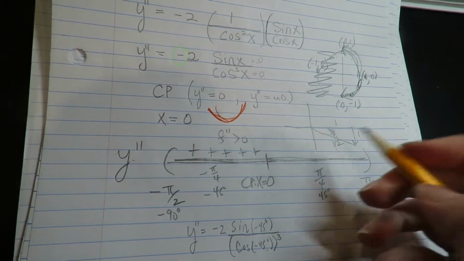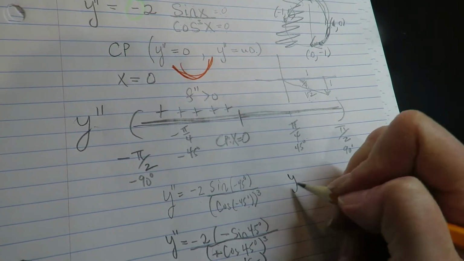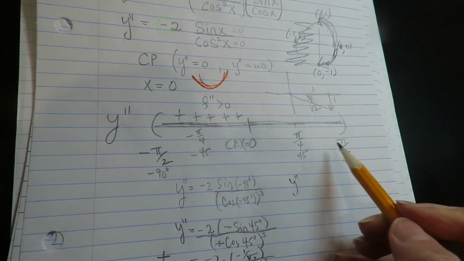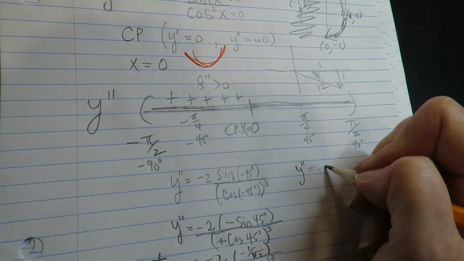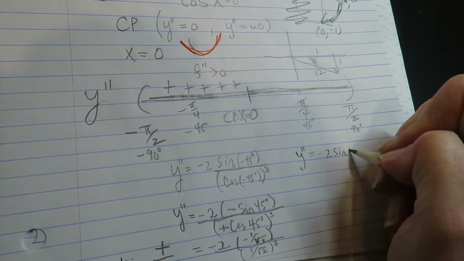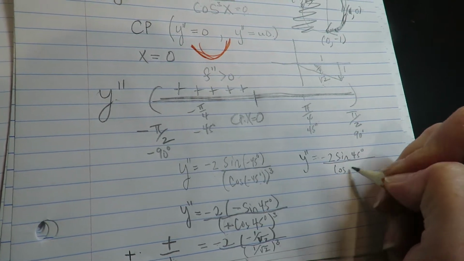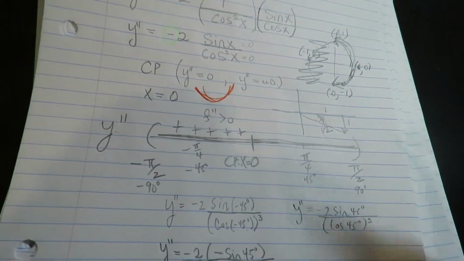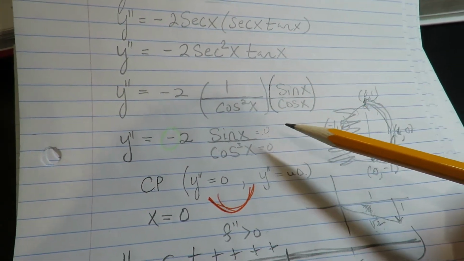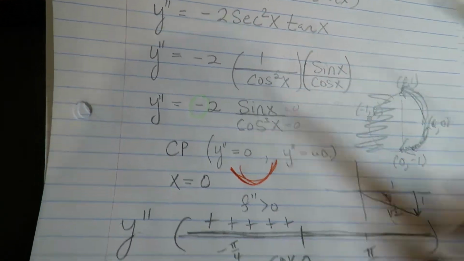All right, now we're going to do the same concept, but now over here for this one. So I'm going to use 45 degrees because that falls between 0 and pi over 2. Again, I'm plugging it into the second derivative, which I have here.